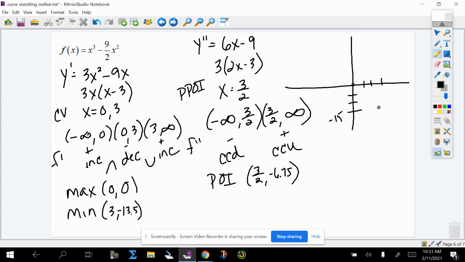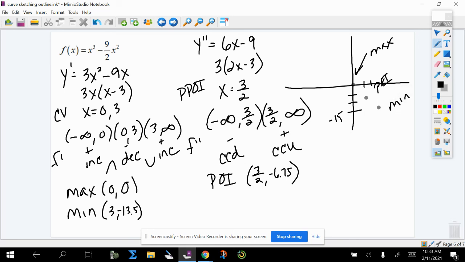And then 3/2, which is 1.5, negative 6.75. We're going to put it right about here. And then I like to go back and label. You don't have to do this, but this is a maximum. This is a POI, and this is a minimum.